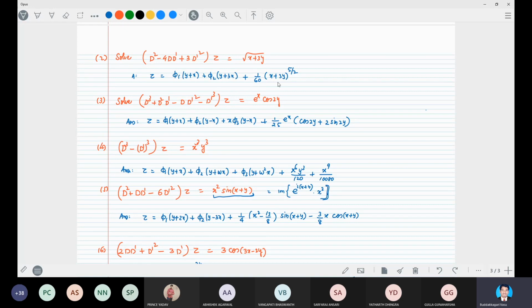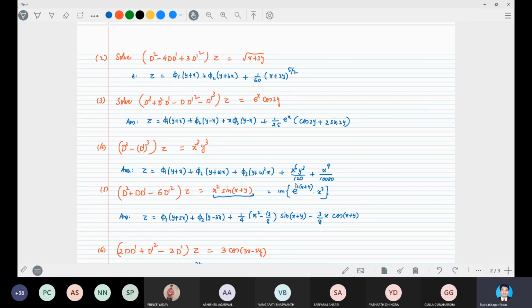Yes, sir. This we can write easily as the imaginary part of e power i(x plus y) into x square.